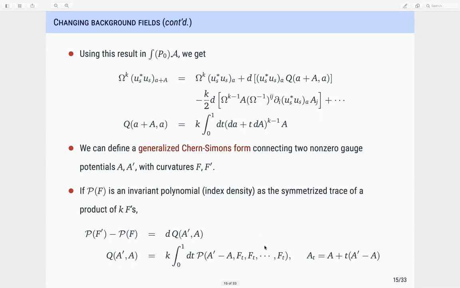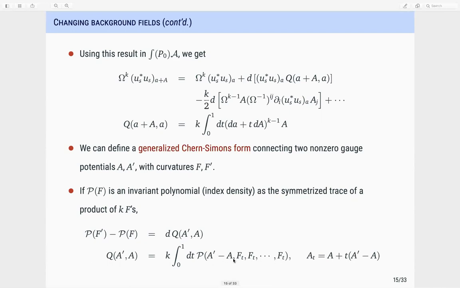This part is general, could apply with non-abelian backgrounds, whatever. We look at the difference of the two invariant polynomials with two different F's, F prime and F. And this difference can be written as d of something. And that something Q, which depends on the connections for F prime and F, is given by this formula here.